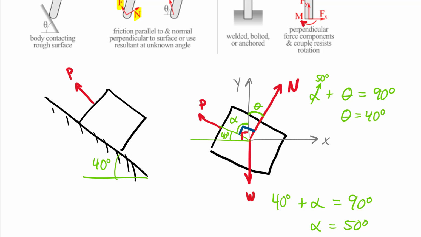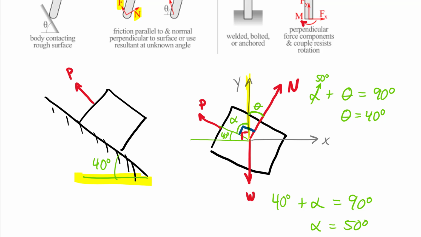You can go through this proof every time if you want to, but let me give you a rule you can use instead. That rule is based upon measuring angles from either horizontal or vertical. Notice that this 40 degrees is measured from horizontal, while theta is measured from vertical.